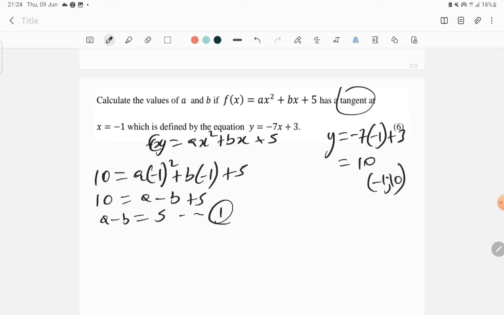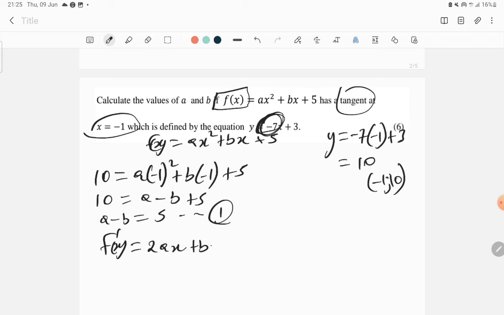Then for equation number 2, we just need to remember that the gradient of this function is equal to the gradient of this tangent at x is equal to -1. So we need to derive f of x, so that we have 2ax plus b. This is the derivative.